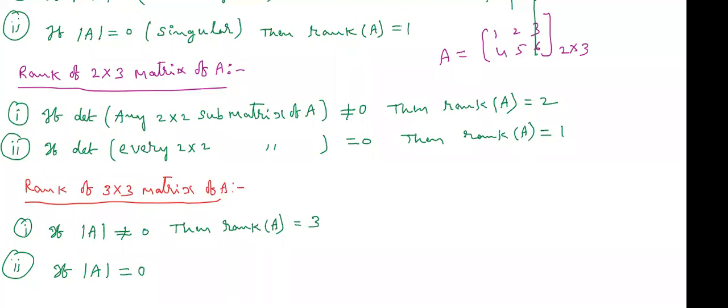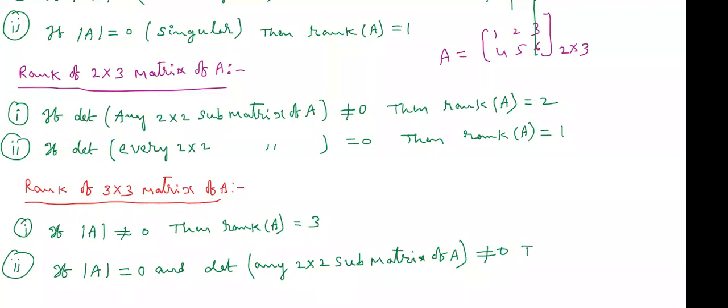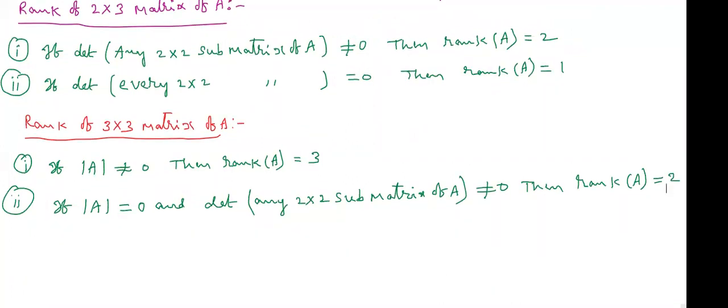If det A value is 0 and the det of any 2 by 2 submatrix of A is not equal to 0, then rank of A is equal to 2. Students, understood? Next, third point.